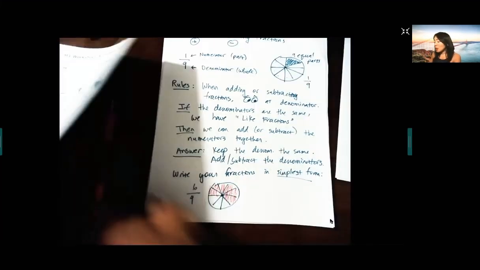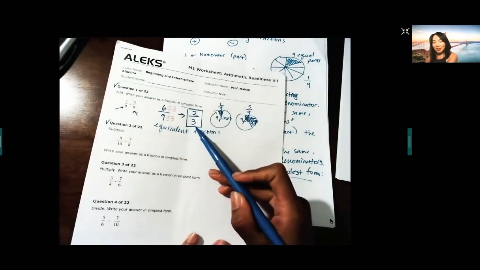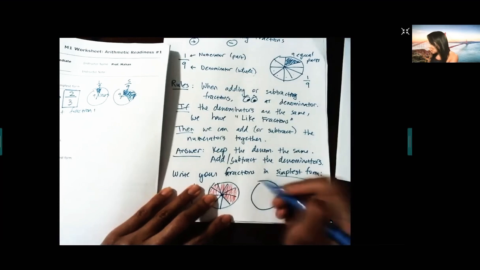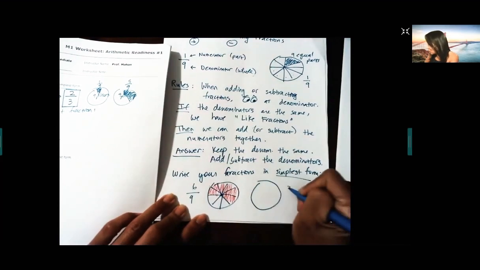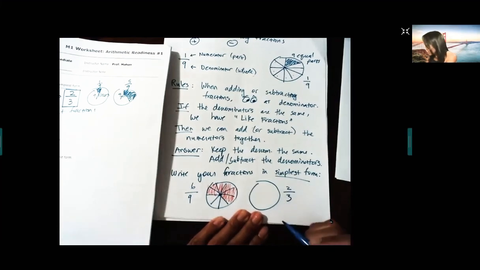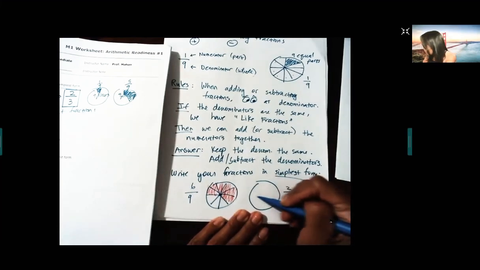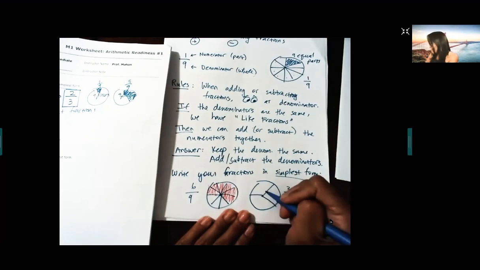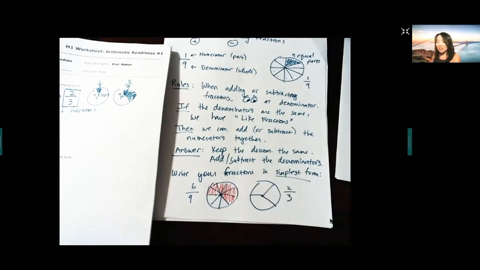Now, if I draw a pizza which represents 2/3, that means I'm going to cut this into thirds. If I cut this into thirds, it'll look maybe something like this, right? Pretend again that this is cut kind of evenly.